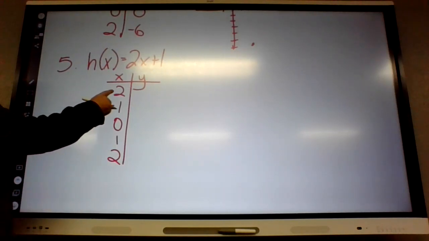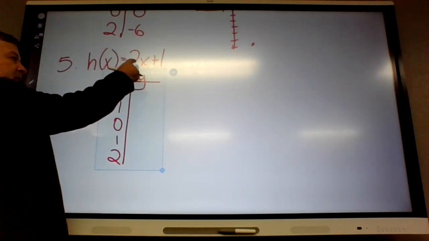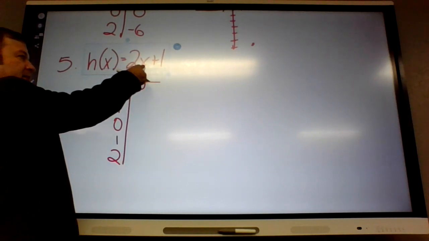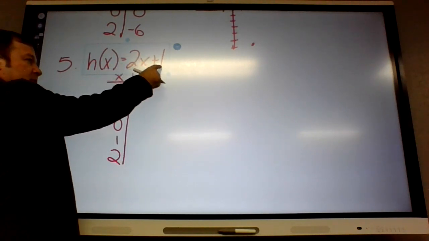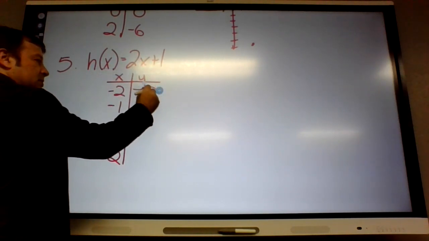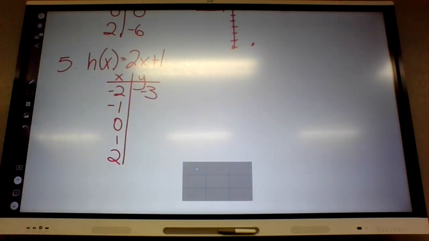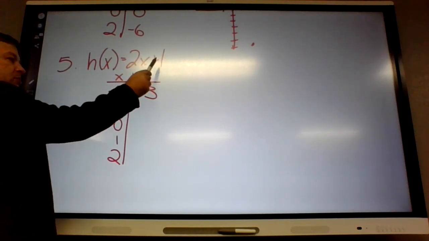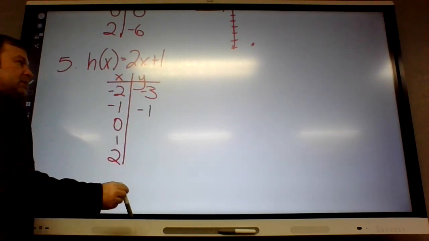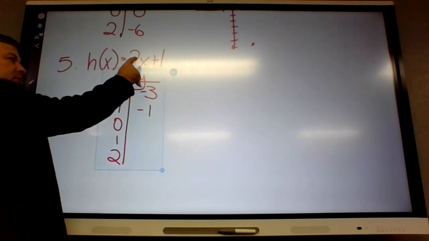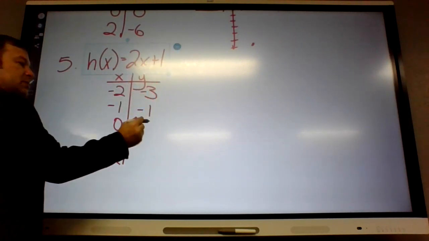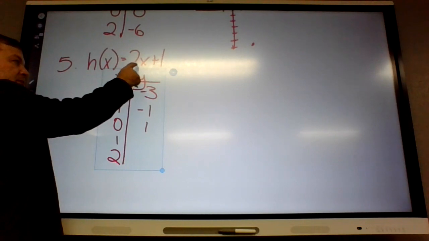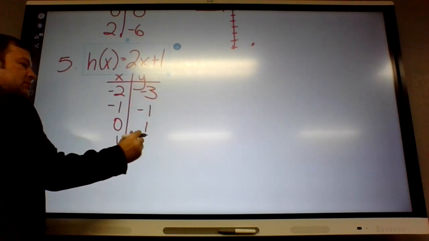So if I plug in negative 2, 2 times negative 2 is negative 4, plus 1, negative 3. If I plug in negative 1, 2 times negative 1 is negative 2, plus 1. If I plug in 0, 2 times 0 is 0, plus 1. 2 times 1 plus 1.